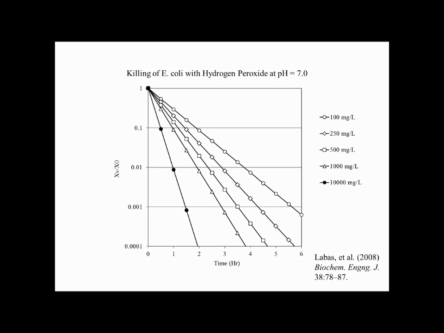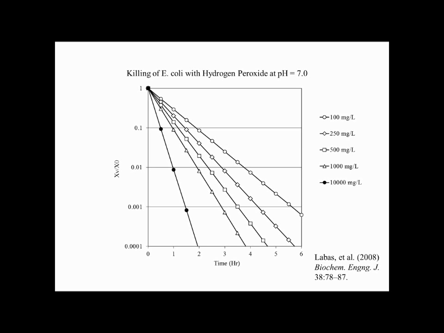And you'll notice, first of all, the time scale is in hours. So what that says is if we want to kill E. coli in pH 7, and we want to use, let's say, 500 milligrams of peroxide, which is half of a gram per litre, which is 0.05%, it would take us about 5 hours.